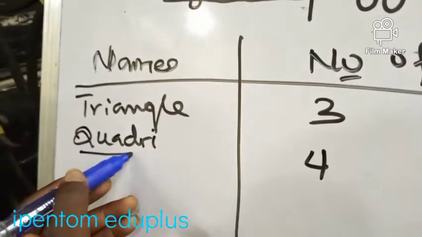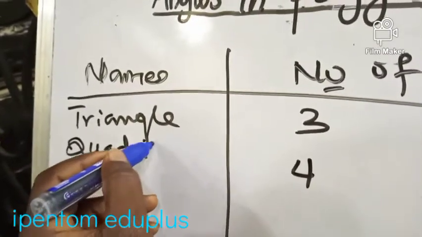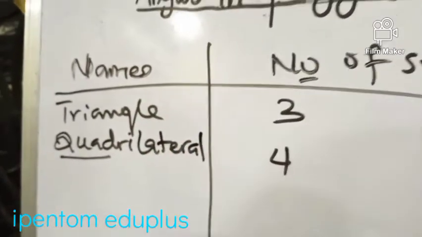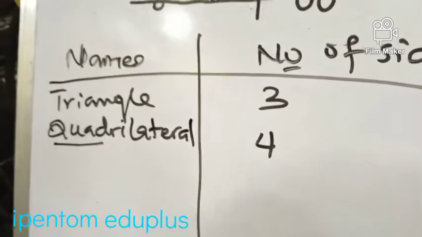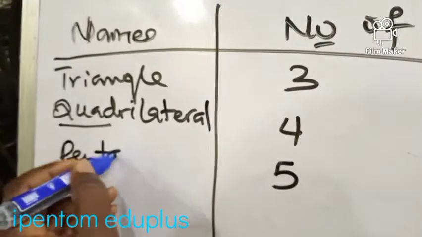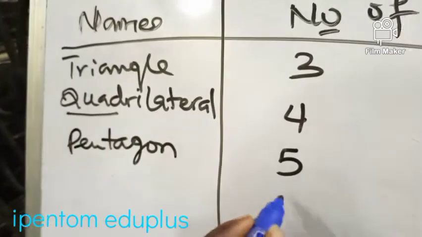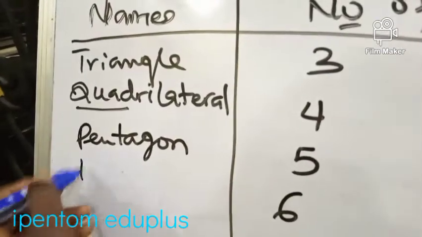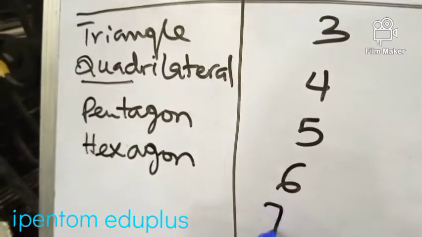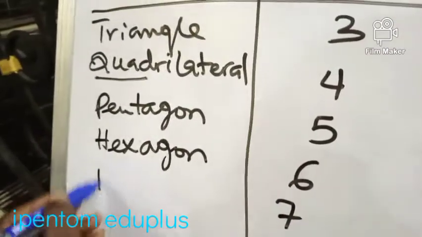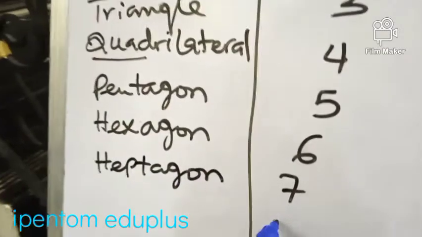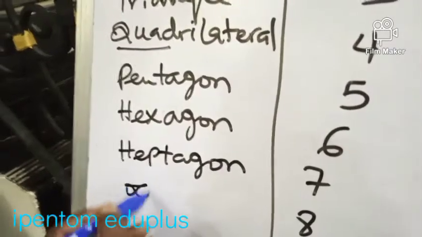The word quad means 4, and lateral means side, so we call any polygon that has 4 sides a quadrilateral. Then 5 sides, pentagon. 6 sides, hexagon. 7 sides, heptagon. 8 sides, octagon.